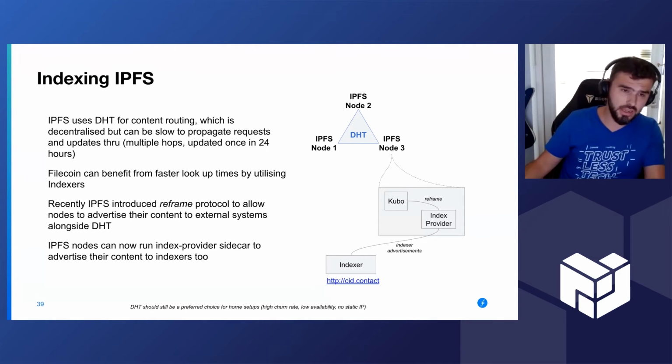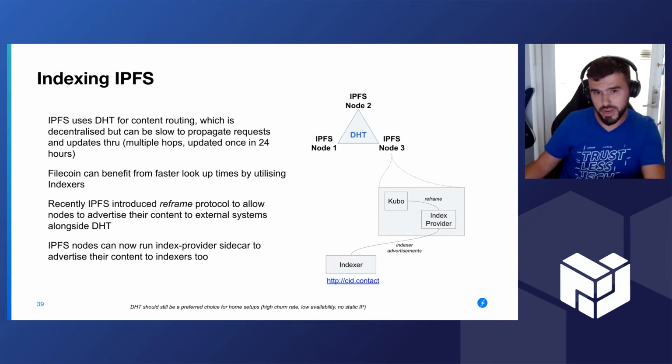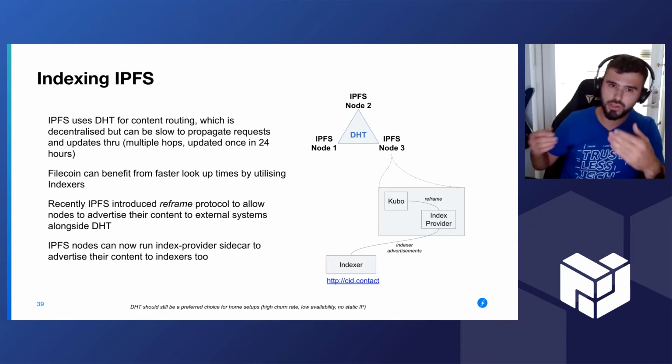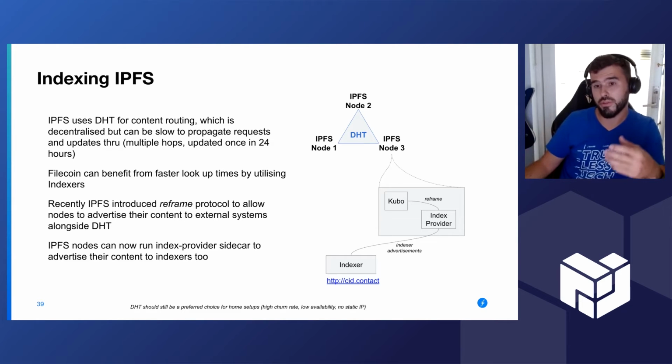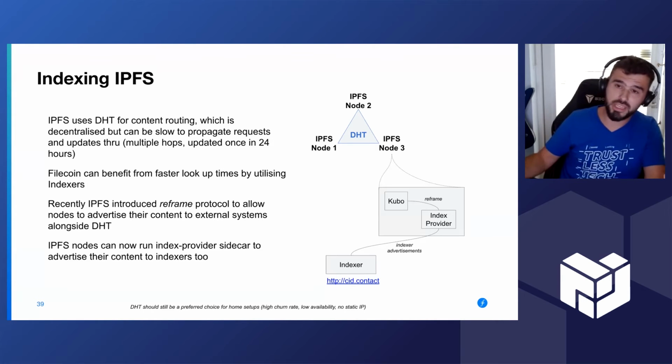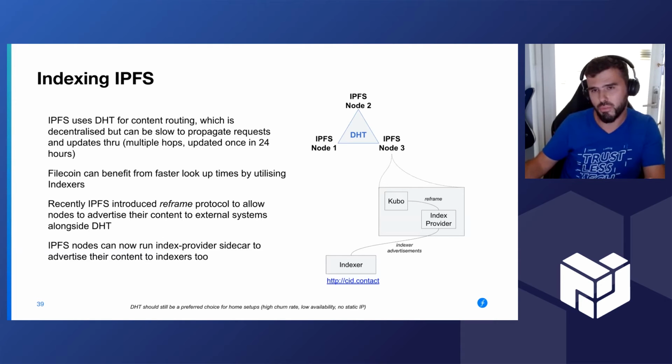So recently, as I mentioned on the all hands before, IPFS introduced the reframe protocol, which basically allows IPFS nodes to delegate all the routing to some external system. So now those who are running the nodes can decide by themselves how they want to advertise their contents.